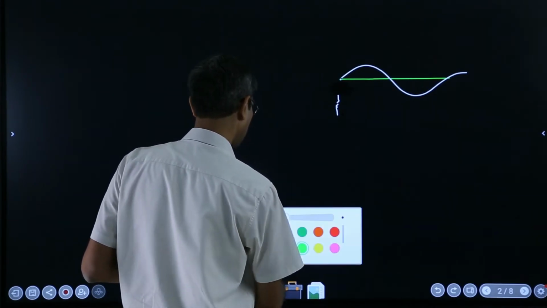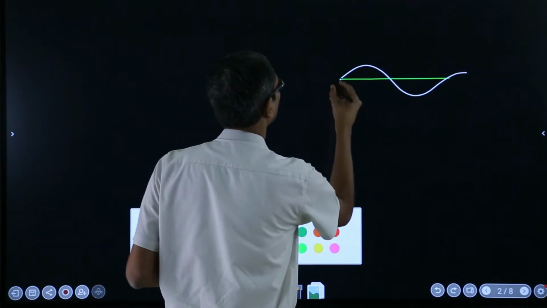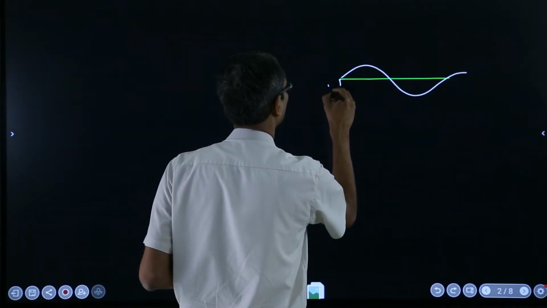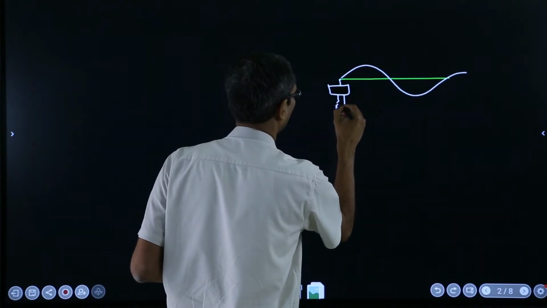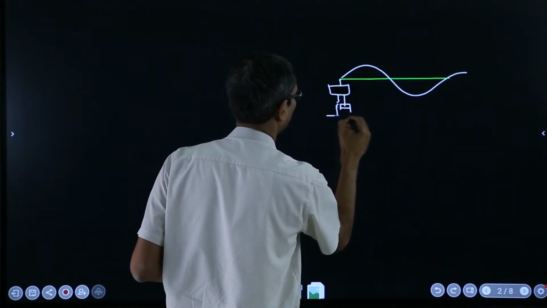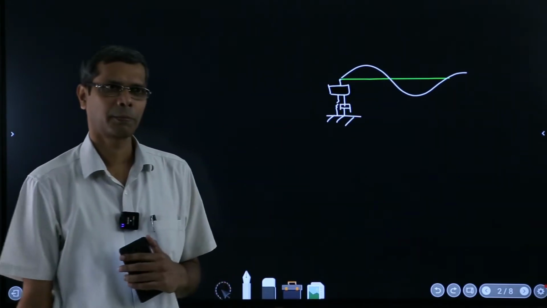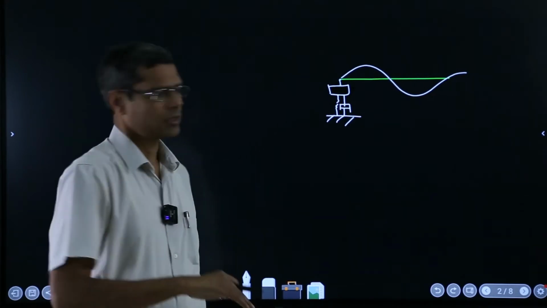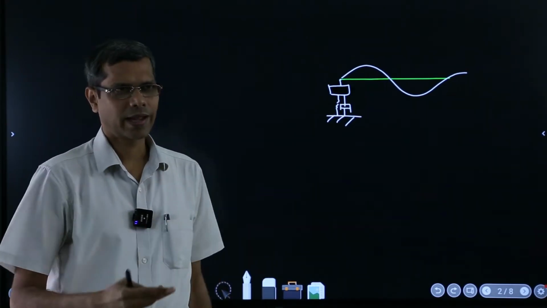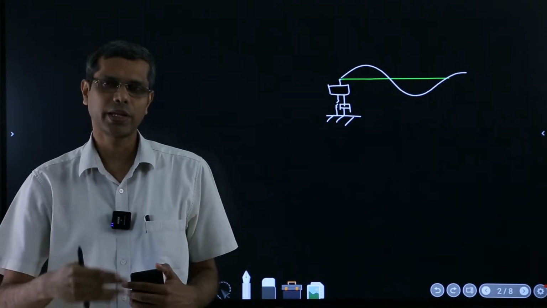Maybe it's like this. There is a mass, there is a spring, and there is a damper. Depending on the rigidity, all these three factors can be changed: the effective spring constant, mass, and damping.